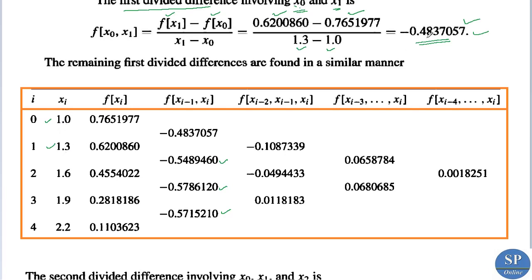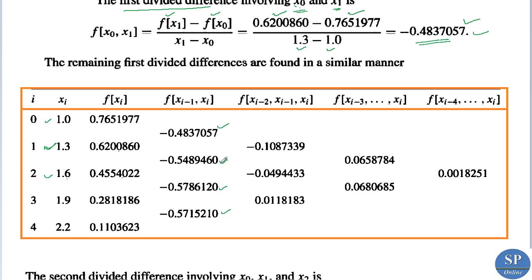It is minus 0.483757, which is this. Now using 1.3 and 1.6 we get this value, that is this minus this divided by 1.6 minus 1.3, that is f of x2 minus f of x1 divided by x2 minus x1.